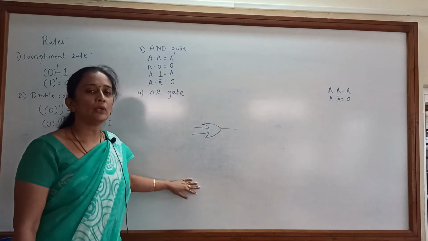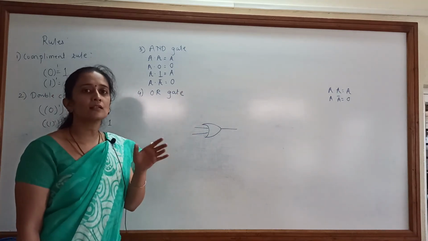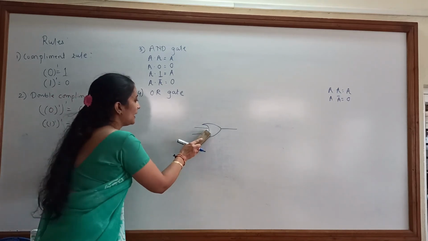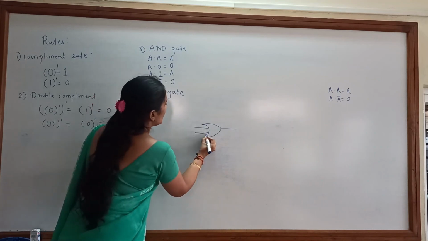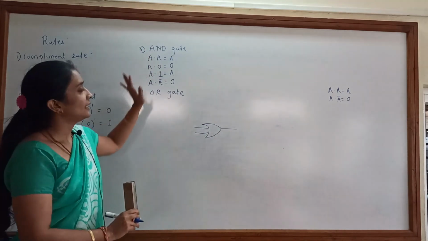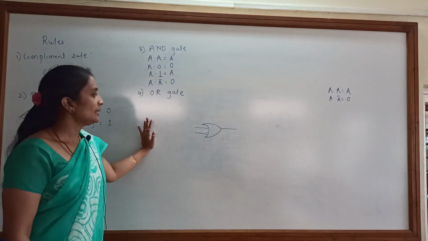Number of combinations or possibilities are same, 2 raised to n. If n is the number of inputs, 2 raised to n will be the possibilities. And OR gate is nothing but addition, binary addition. AND gate is binary multiplication. OR gate is binary addition.